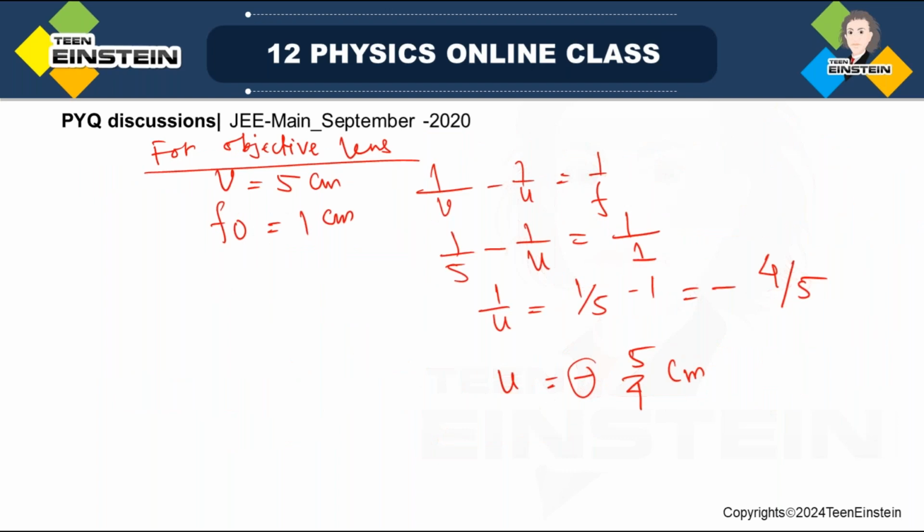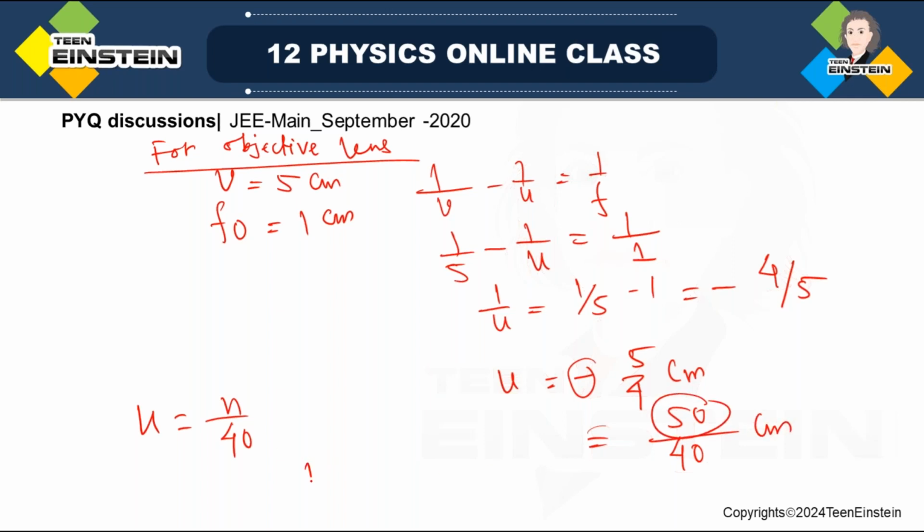The sign says that the object will be on the left hand side. In the problem the distance is given as n by 40 centimeter, and we have got 5 by 4 centimeter. Multiplying by 10, that is 50 by 40 centimeter, so n is 50.